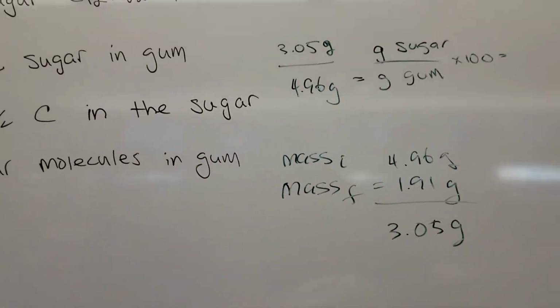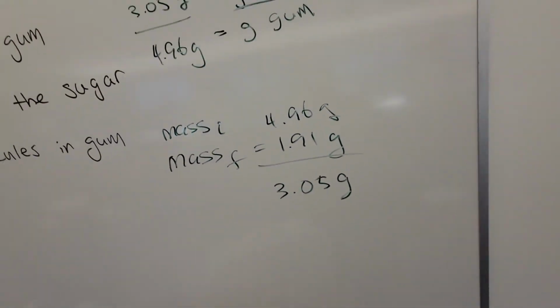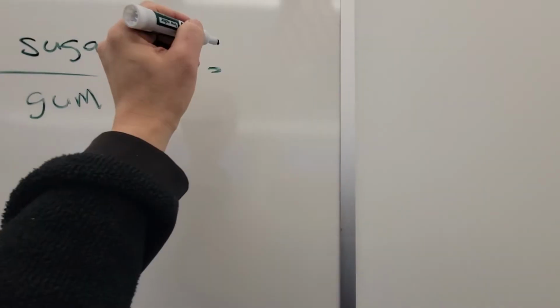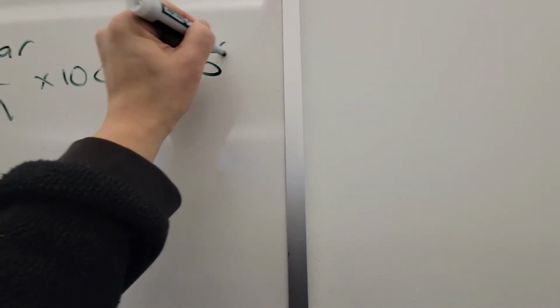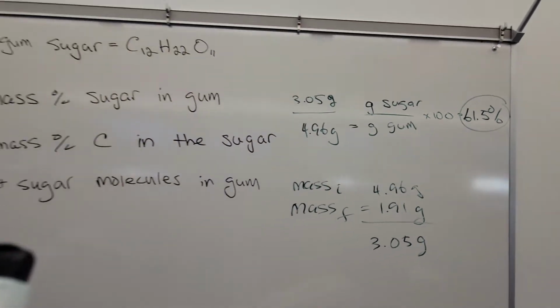So 61.5% of the gum was sugar. Not bad. That was the mass percent of the sugar in the gum.